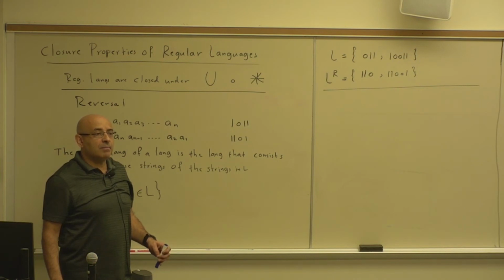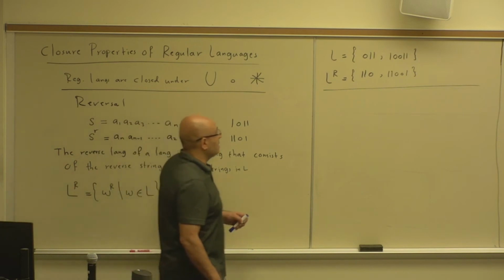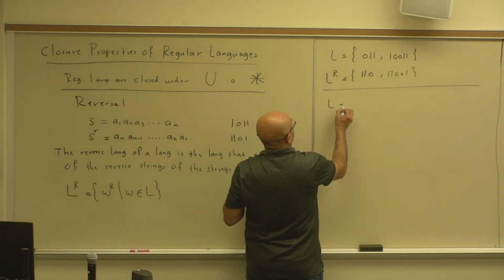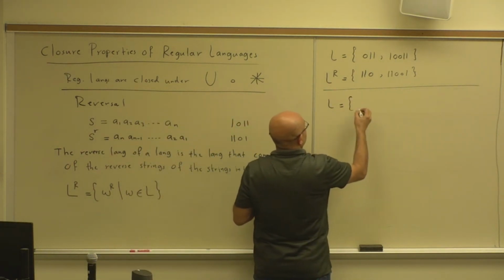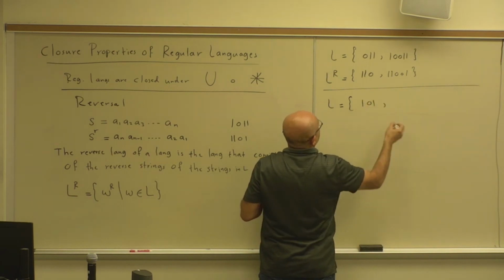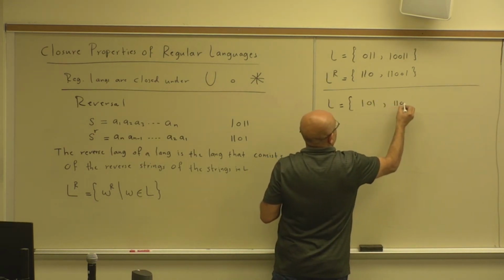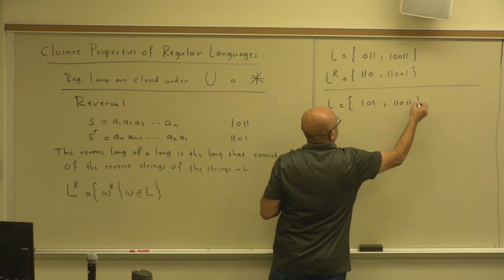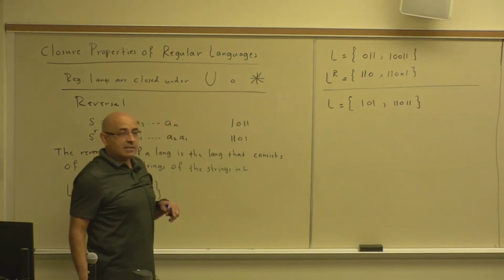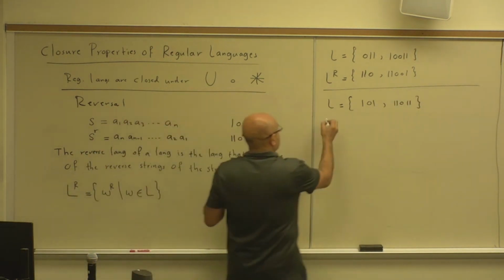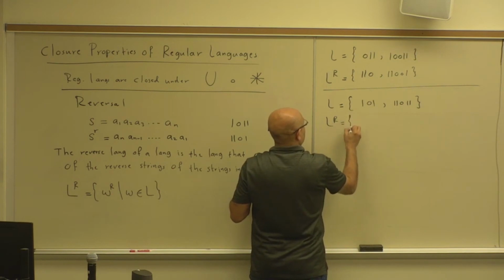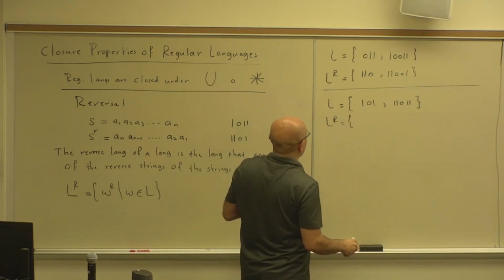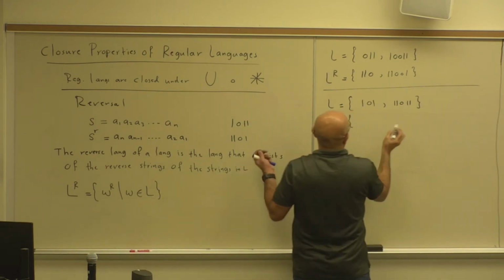Have you heard of palindrome? Yeah, a palindrome is a string that, if reversed, stays the same. So if L consists of palindromes, like 101 and 11011, the reverse language is the same language.